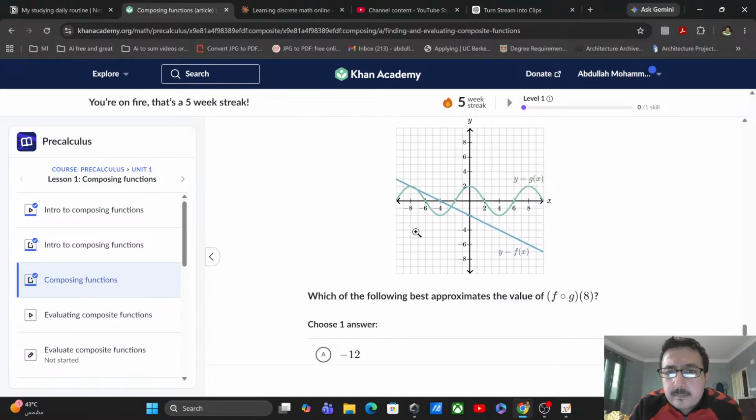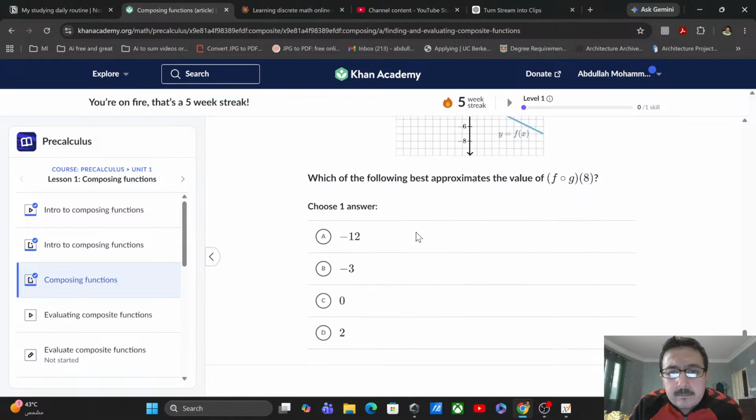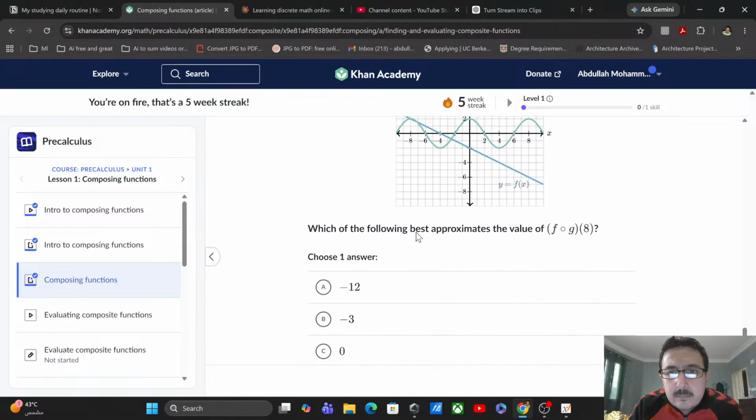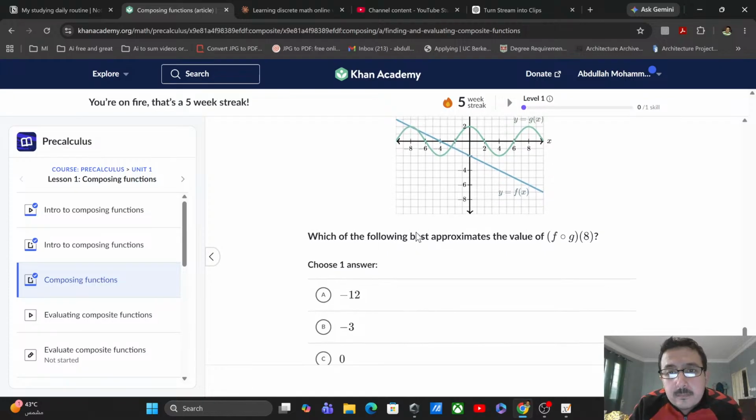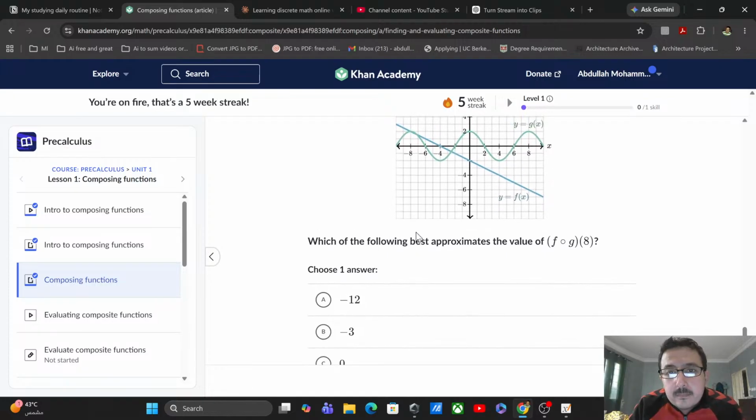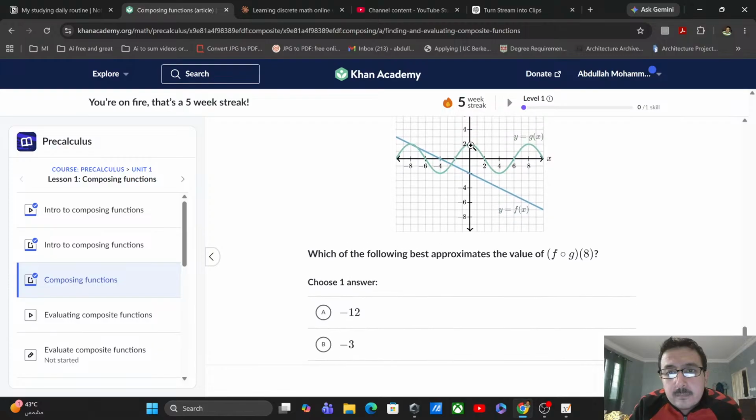But 2 is the y-axis, so it can't be this 2.